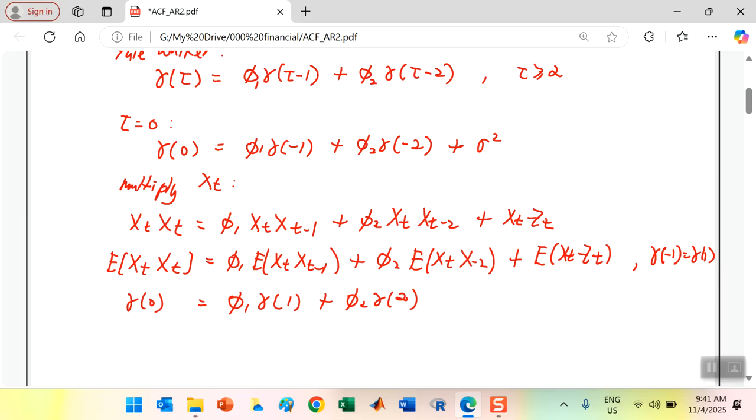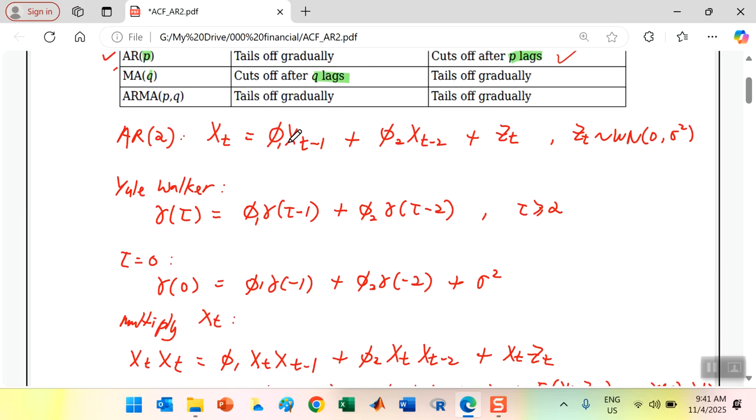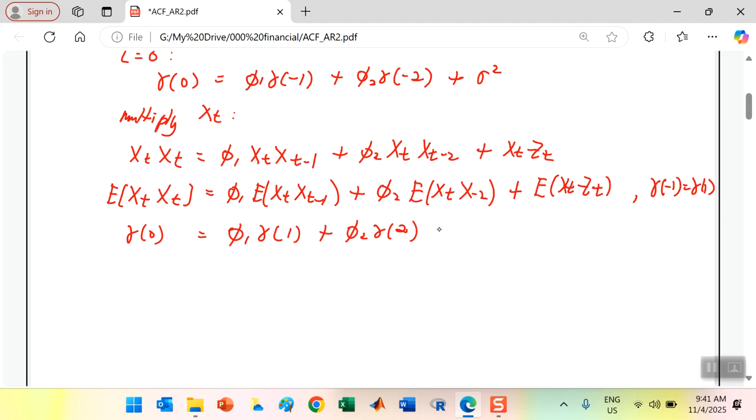The variance of xt, if you find it, you end up getting the zt variance, which is sigma squared. This is one of the equations we need afterwards.